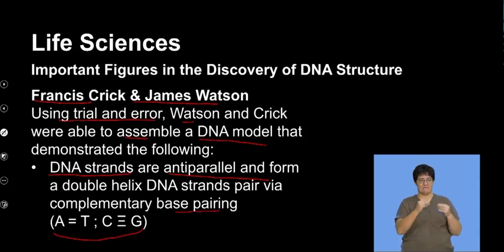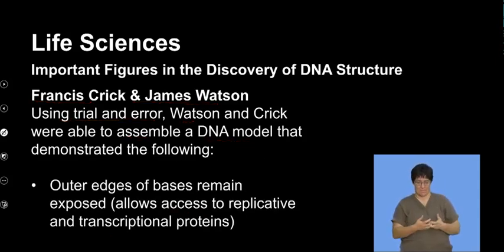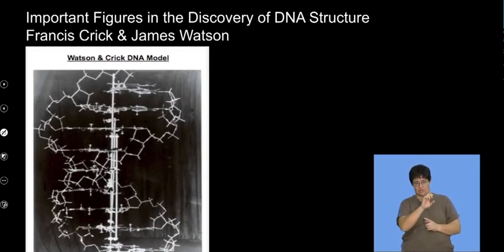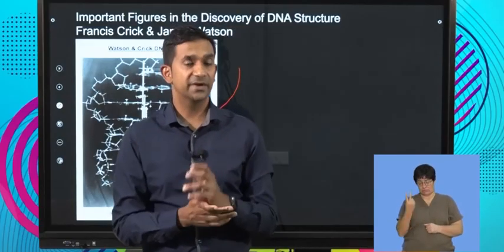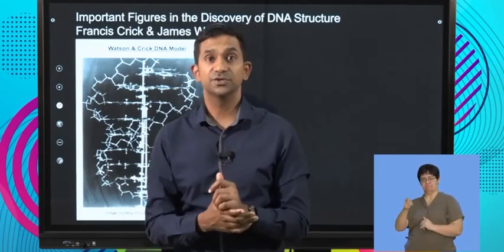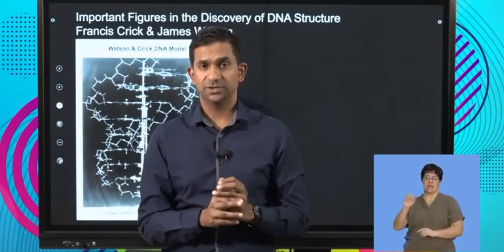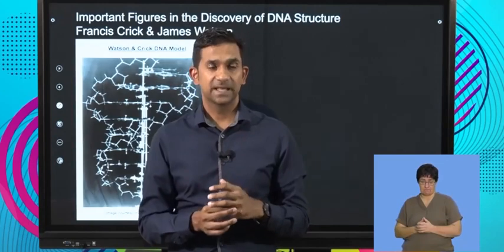Using that information, they put together this model that we see here. This model was recognized as the most appropriate and correct scientific display of the DNA structure, and these two gentlemen were recognized for their contribution to discovering the DNA molecule with the Nobel Prize.